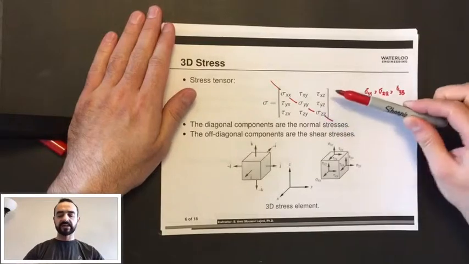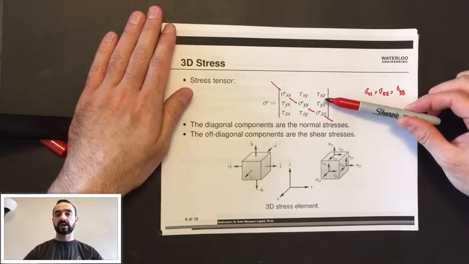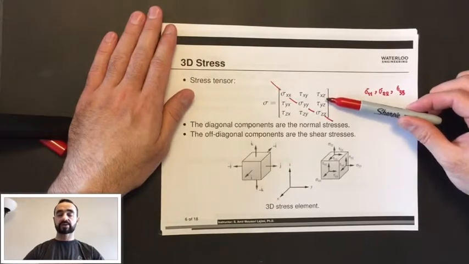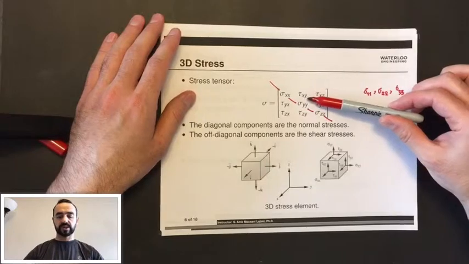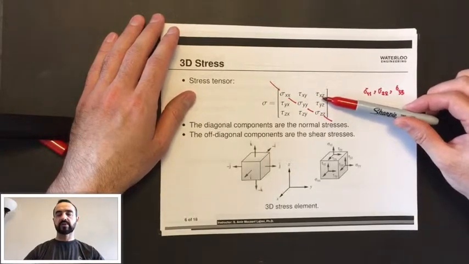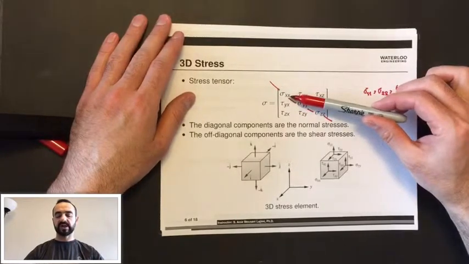And note that in this notation, the first subscript indicates the plane on which we are defining the stress, and the second subscript defines the direction of the stress. So plane X, the stress along y-axis. Plane X, the stress along z-axis.